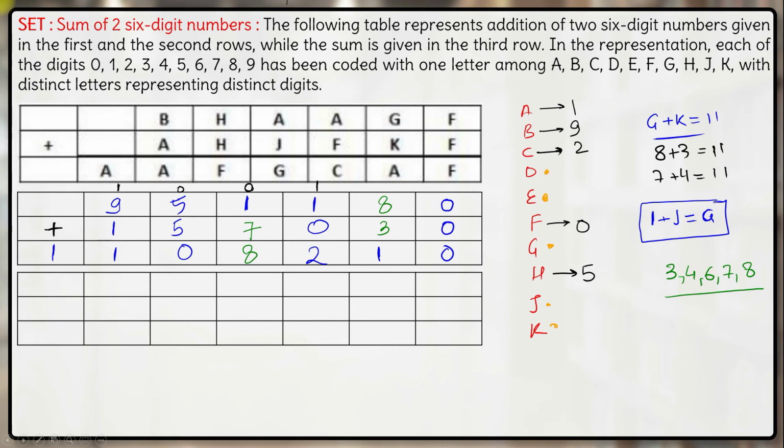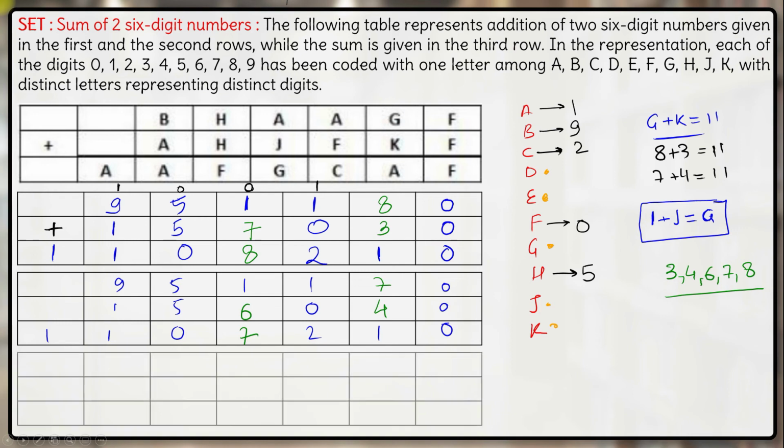Okay. So I'll first of all write down all these numbers here. 5, 5, 0, 1, 1, 0, 2, 1, 0, 0. Now if G plus K is 7 plus 4, so if G is 7 and K is 4, J will have to be 6 here and this sum comes out to be 7 here, which is again possible. And the final possibility is for G to be 4 and K to be 7.